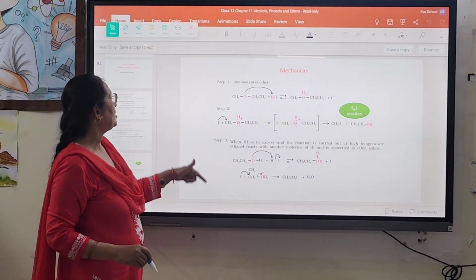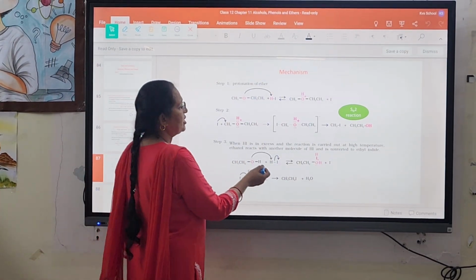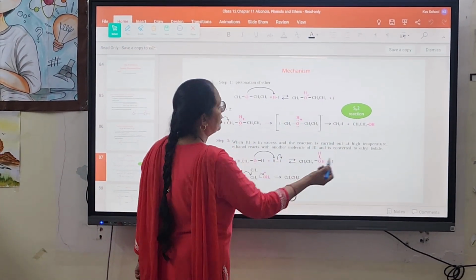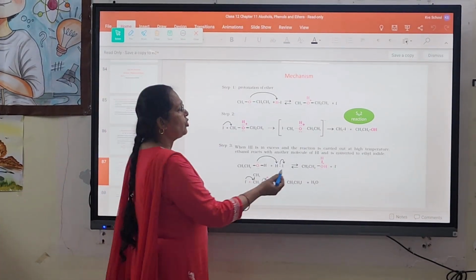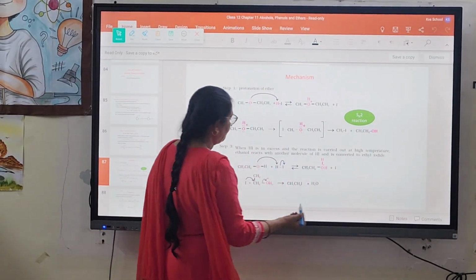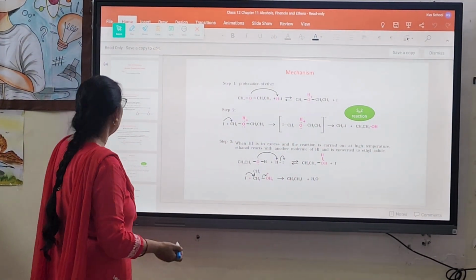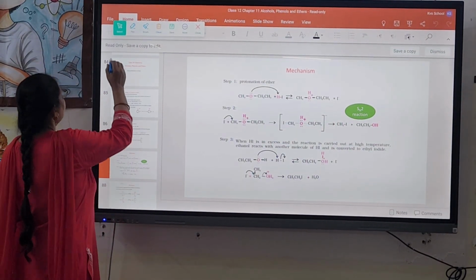Whereas in step 3, when excess HI is taken and the reaction is carried out at high temperature, ethanol reacts with another molecule of HI and is converted to ethyl iodide, as we are observing.